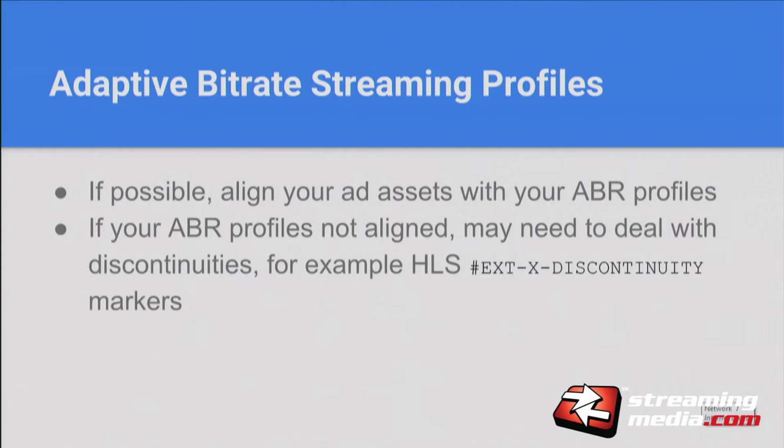So we do align our ad asset processing to the same renditions. It's not absolutely required, but it can make your life easier. HLS does have discontinuity markers, which you can put in your playlist to help you deal with something like that.